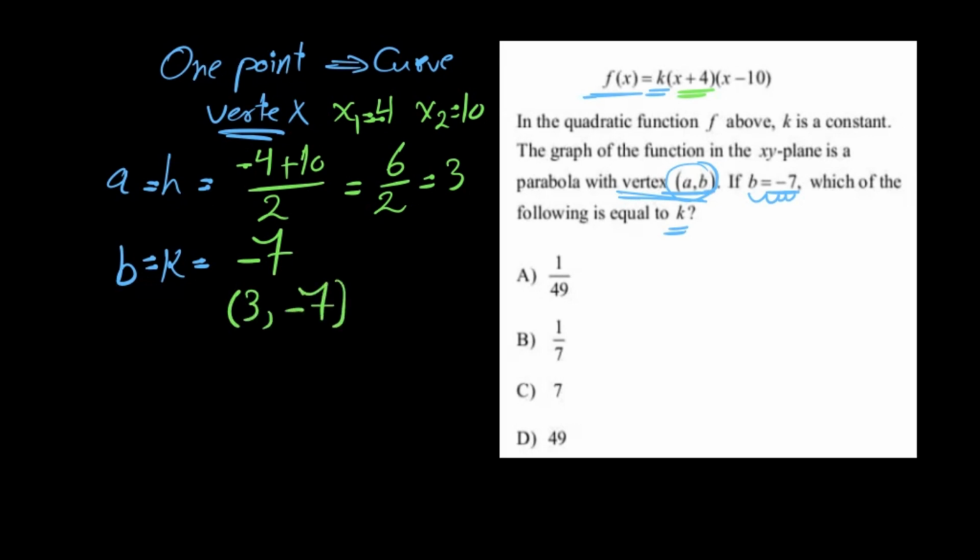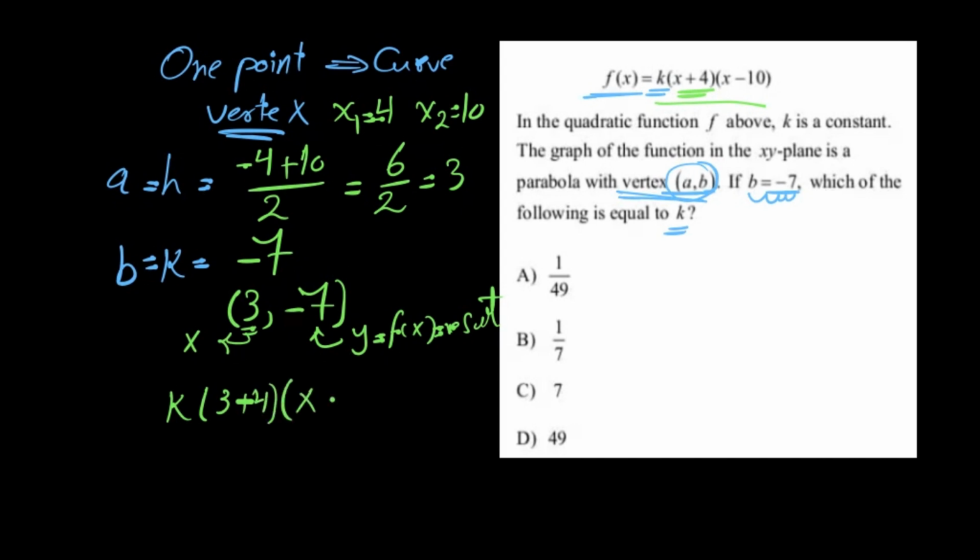That means x equals 3 when y equals negative 7, or f of x equals negative 7. Substitute in the function: k times (3 plus 4) multiplied by (3 minus 10), because x equals 3.